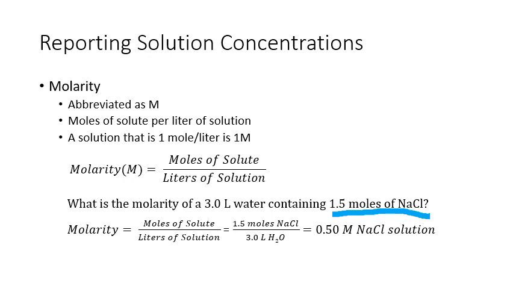So if I needed half of a mole of NaCl for a reaction, I would have to add 1 liter of this solution. And if I needed 4 moles of NaCl for a reaction, I would need 8 liters of this solution. So if I had a recipe where I required 4 moles of NaCl and some other materials, I dump in 8 liters of 0.5 molar NaCl.